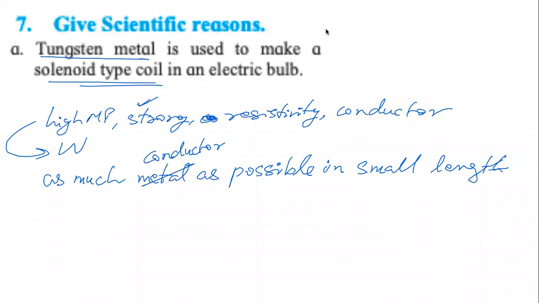This is another requirement. Because of that, we have a coil. If we kept it straight, there would be less metal. When we use a coil, then we have more metal. Simple answer.